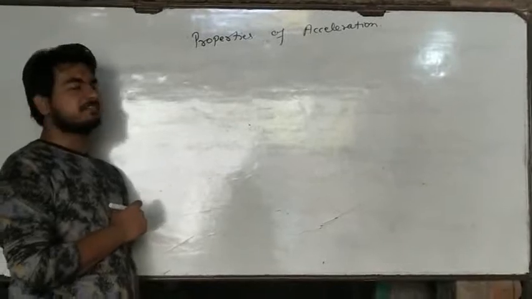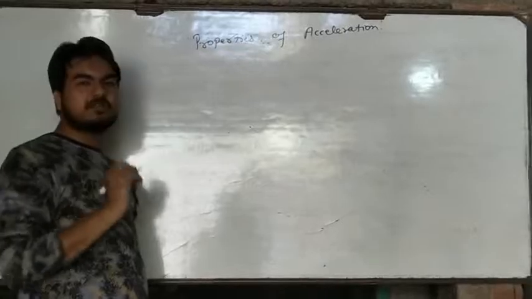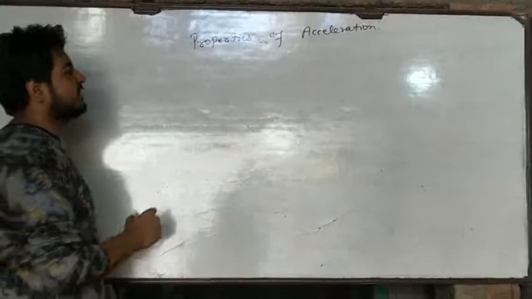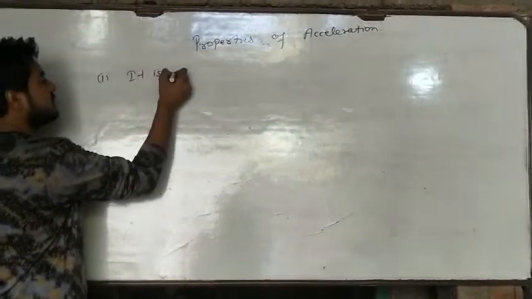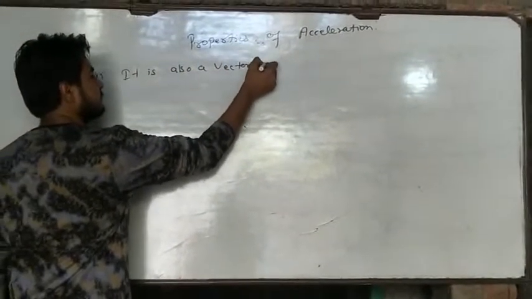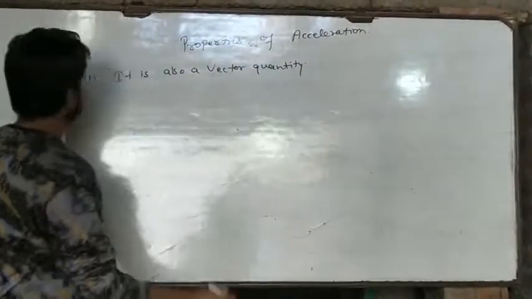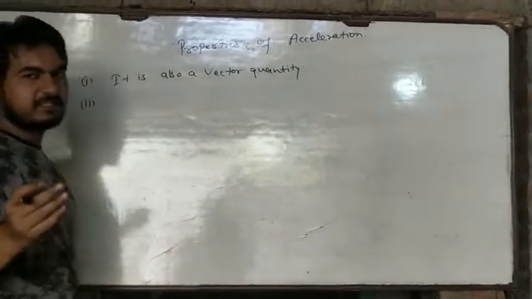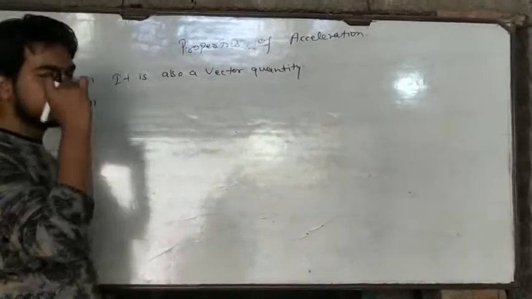Properties of acceleration. So we know that velocity is a vector quantity and acceleration is also a vector quantity. First property, it is also a vector quantity. Second, acceleration can be positive or negative or zero.